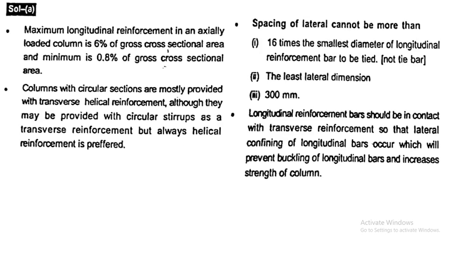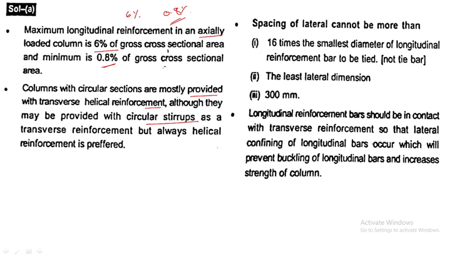So maximum longitudinal reinforcement in an axially loaded column is 6% of the gross sectional area, and minimum is 0.8% of gross sectional area. Columns with circular section are mostly provided with transverse helical reinforcement, although they may be provided with circular stirrups.